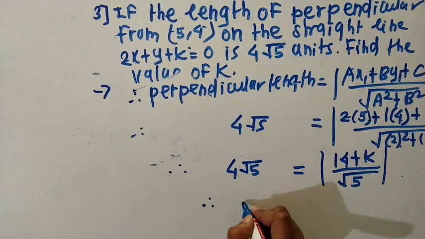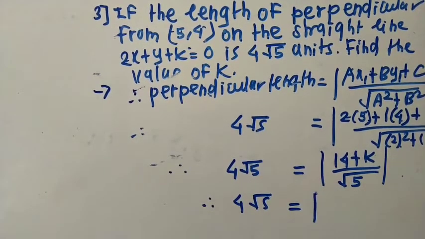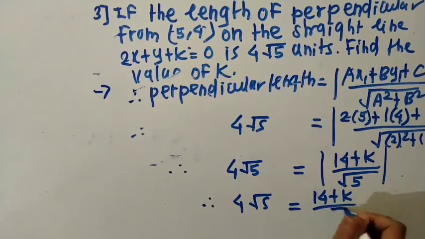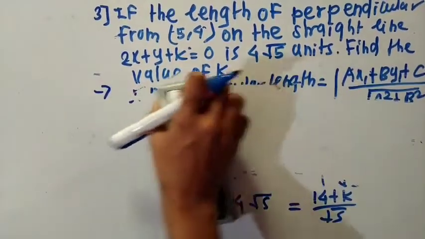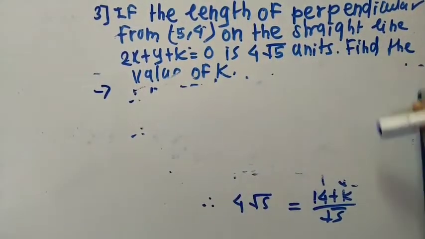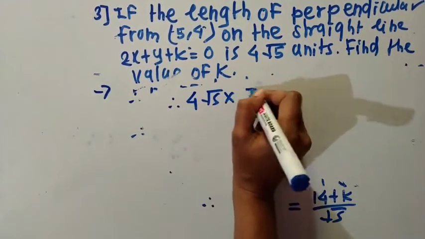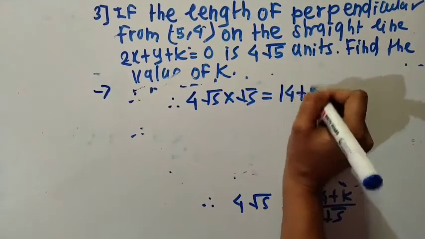Then next step the mod sign cancels and we get 14 + k upon root 5. First we multiply: 4 root 5 into root 5 is equal to 14 + k.